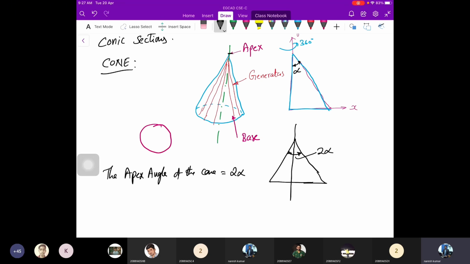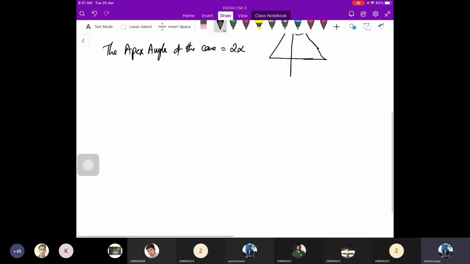And if you cut this cone at some particular angles, we'll get some conical sections. Suppose this is my cone, and I am cutting.